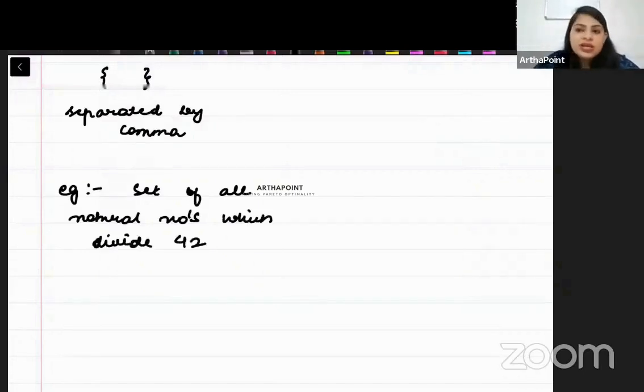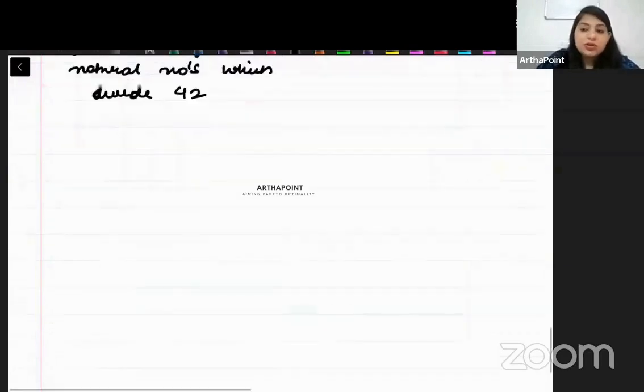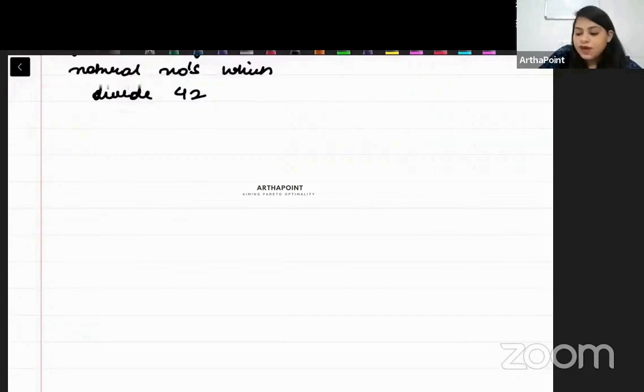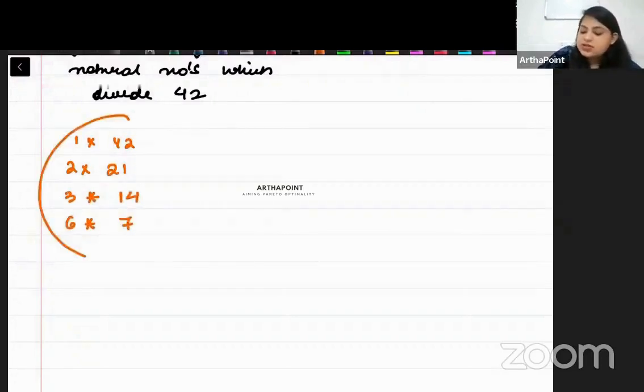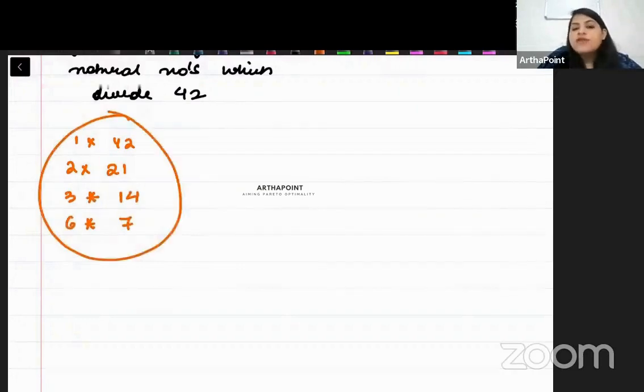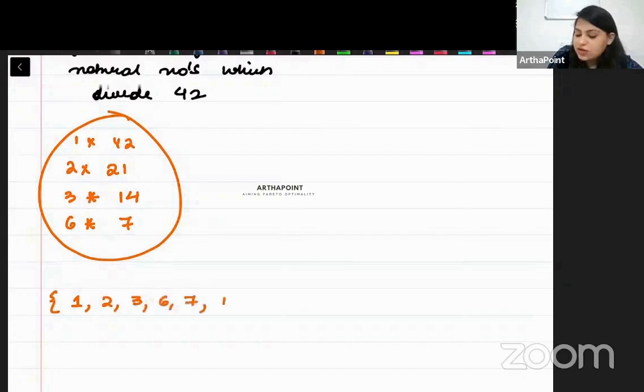So beta 42 के क्या क्या natural numbers हो सकते हैं? What can be the natural numbers that divide 42? 1 into 42, 2 into 21, right? 3 into 14, right? 6 into 7. So beta, these are the numbers which give you 42. So if I have to write in the set format the numbers which divide 42, कौन से numbers हैं? 1, 2, 3, 6, 7, 14, 21, and 42.